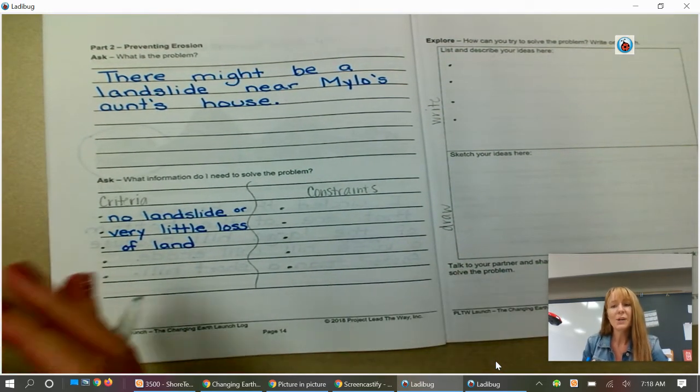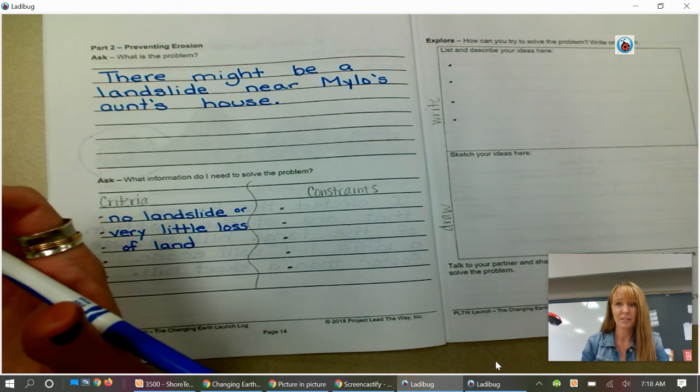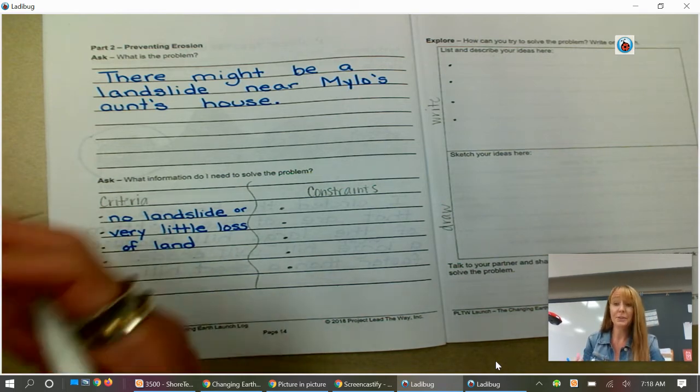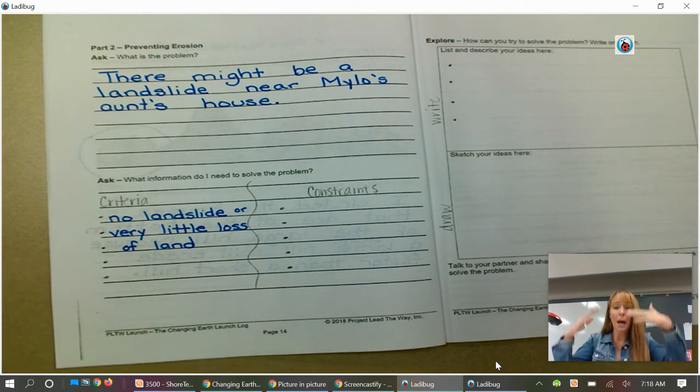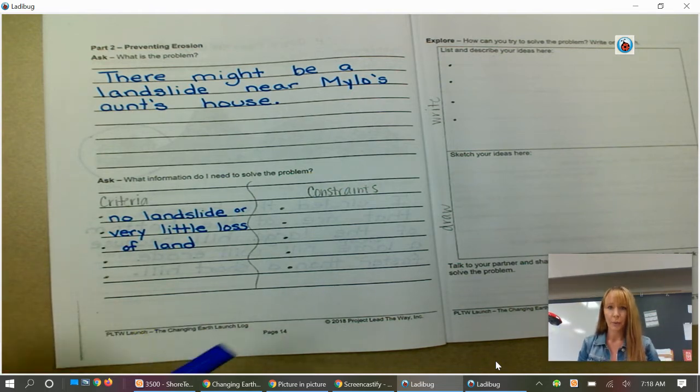Now, we know we have to construct something. We need to build something with the materials in our bag that's going to stop the land from pouring down the hill. All right. So, our constraints, we can only use what's in that bag. All right. You can't go around your house and start using all kinds of things.